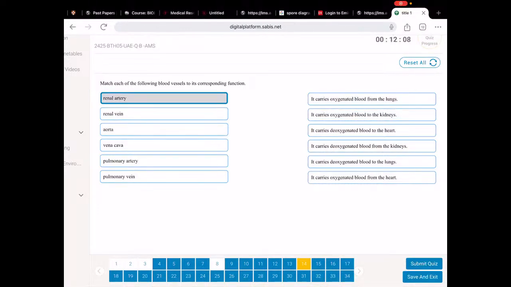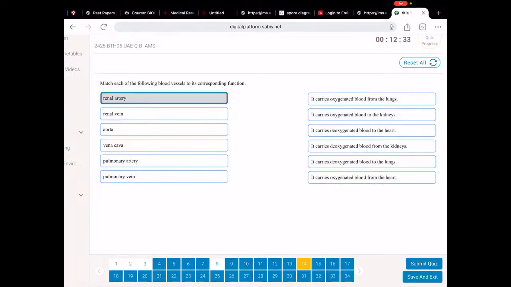And remember, we said arteries, most of them carry oxygenated blood, except what? Who's gonna tell me in the chat which artery does not carry oxygenated blood? Thank you, Ryan. I love you too.